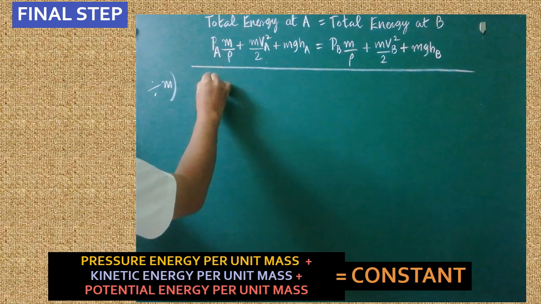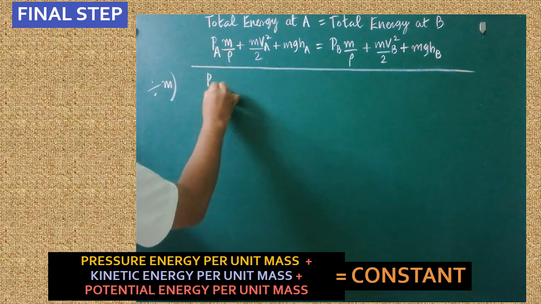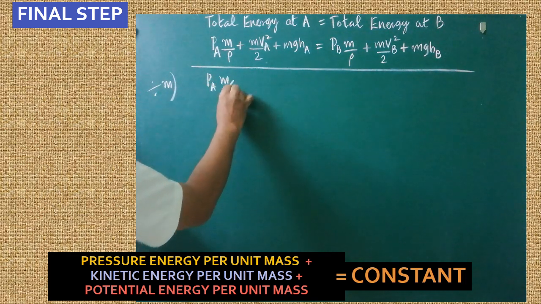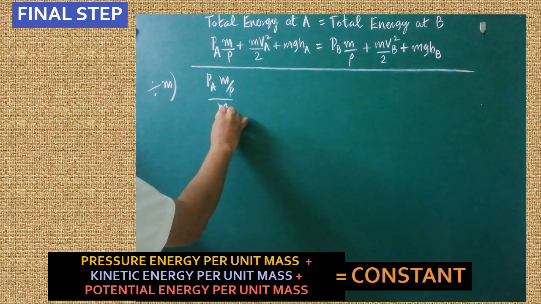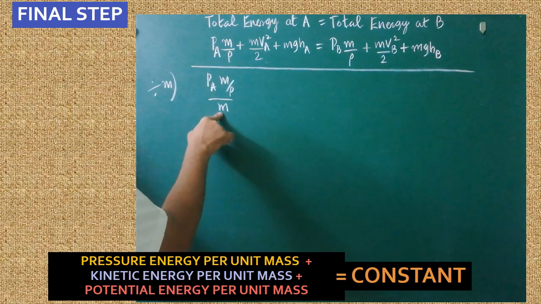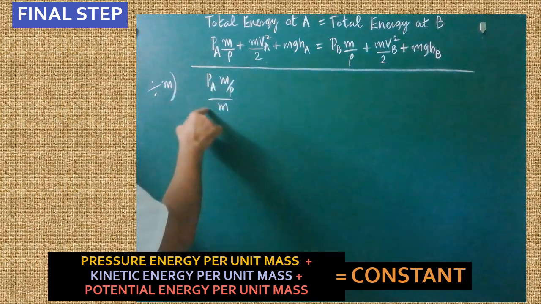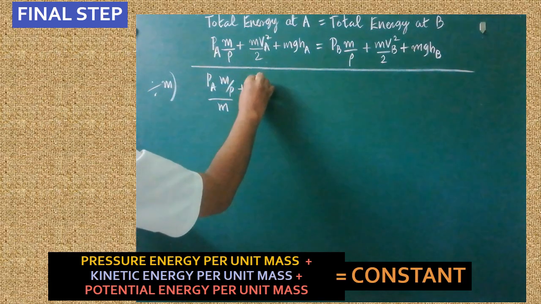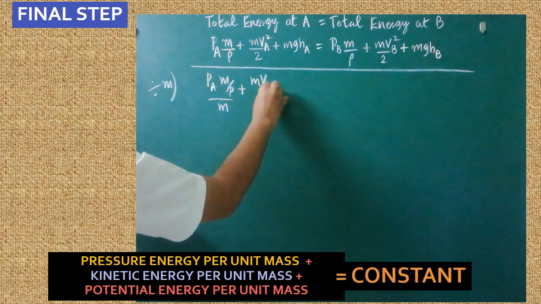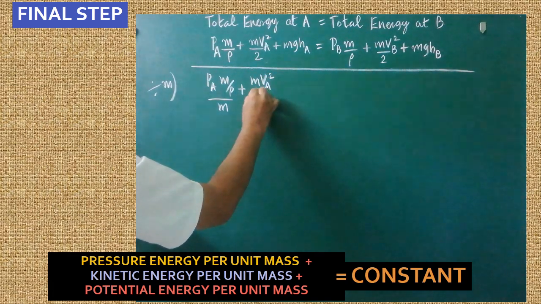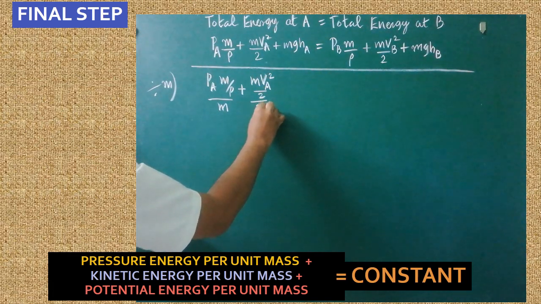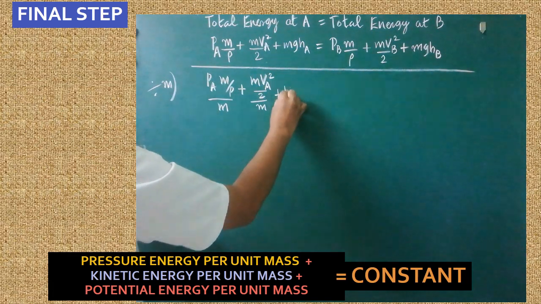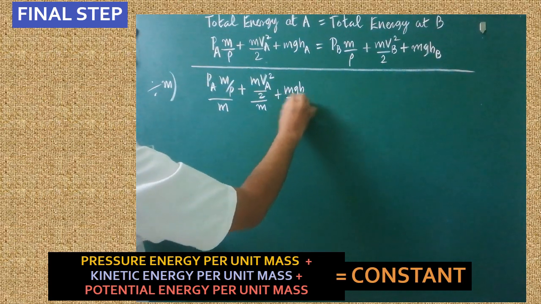So what do we have to do? PA times m by rho, divided by m. If the equation is divided by m, you will get the pressure energy per unit mass, plus the kinetic energy per unit mass, m Va square divided by 2 whole divided by m, plus m g h divided by m.